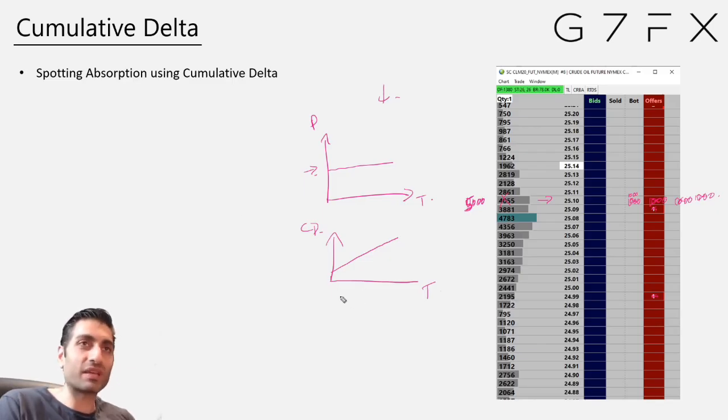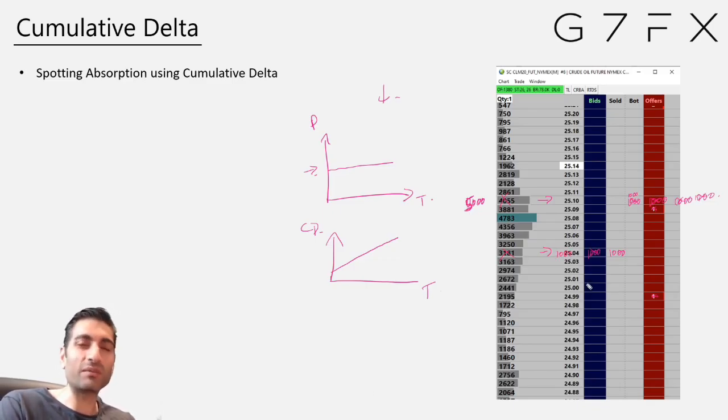Other way, same thing. Price is here, forget about this volume profile. Let's say someone's sitting on the bid with 1,000. You hit the bid and say, fine, I'll clear you out, 1,000 contracts. But hang on, as soon as that goes, another 1,000 appears.